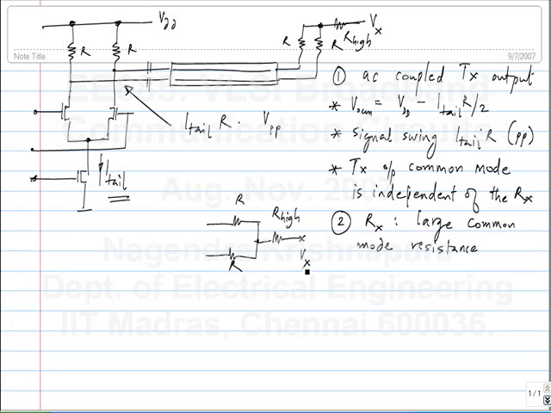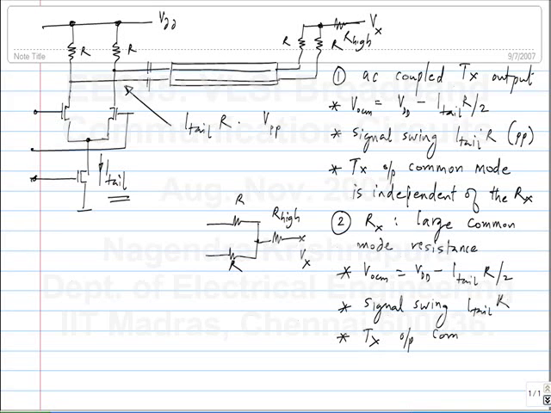Okay. And this is very much similar to the previous case, that VOCM is VDD minus I tail R by 2. Signal swing is I tail R, and the transmit output common mode is independent of the receiver.